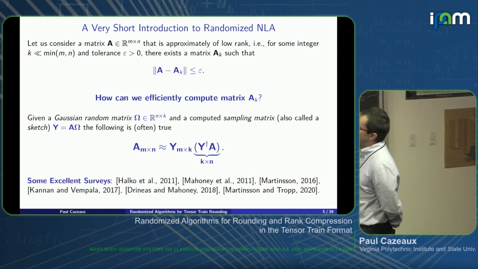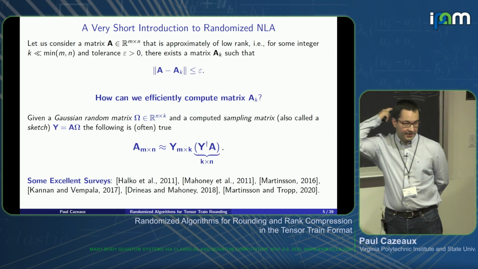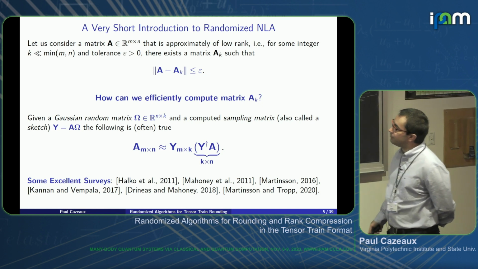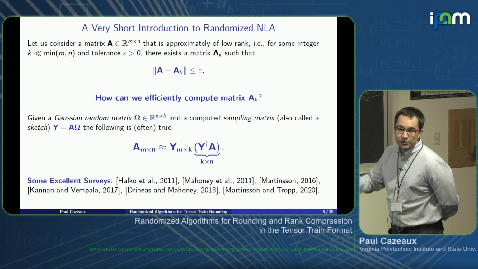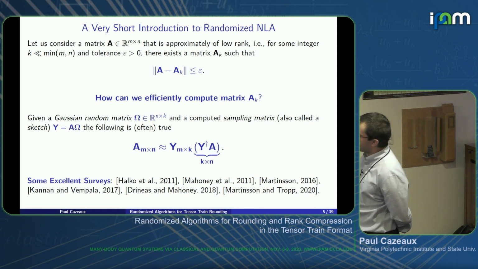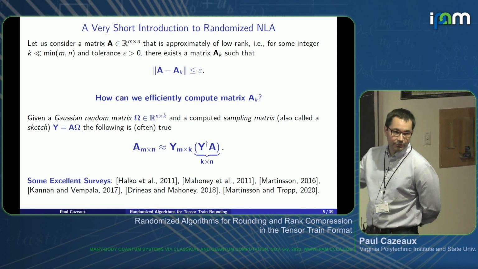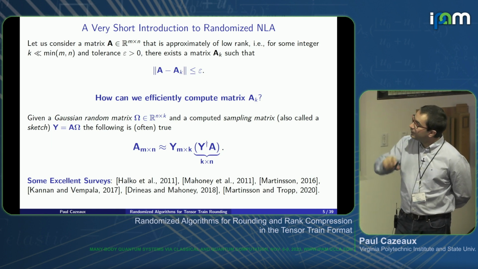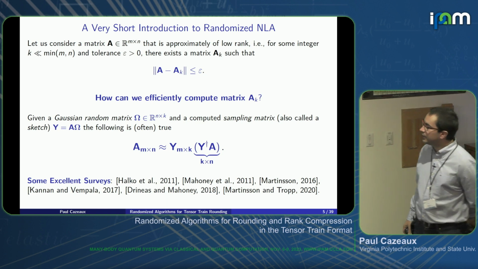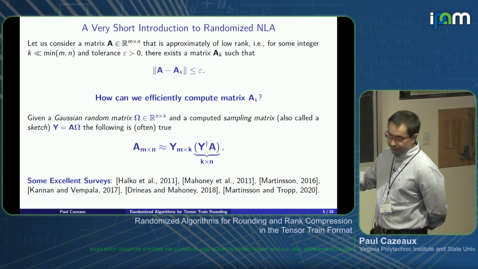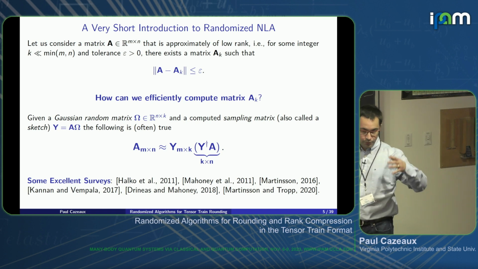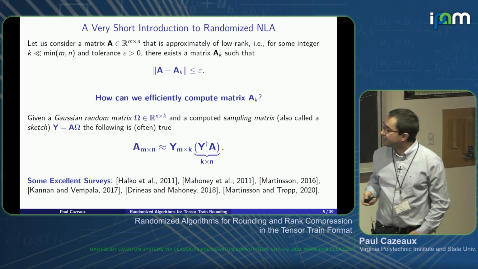So let's say that I have some matrix of size m by n that for some reason happens to be of low rank, meaning that I have an approximation of it to some tolerance epsilon that has rank k, which is much smaller than m or n. How can I compute efficiently some kind of decomposition of this matrix A_k, which can be much smaller to store than the full object?